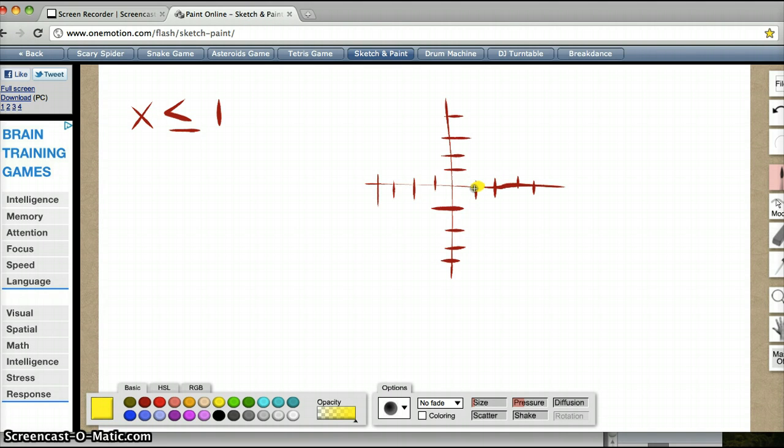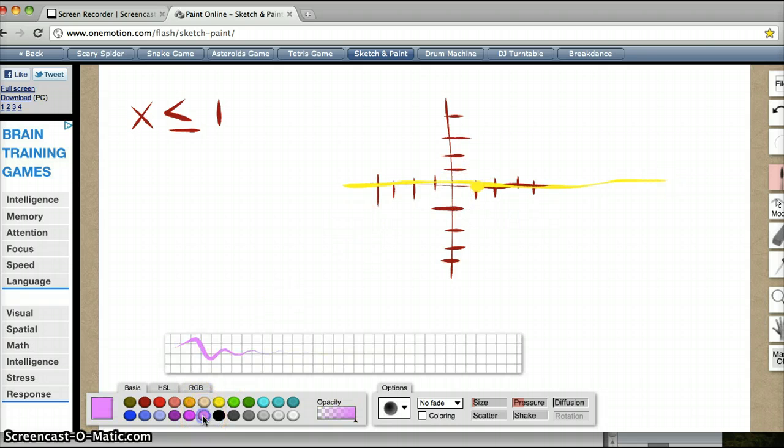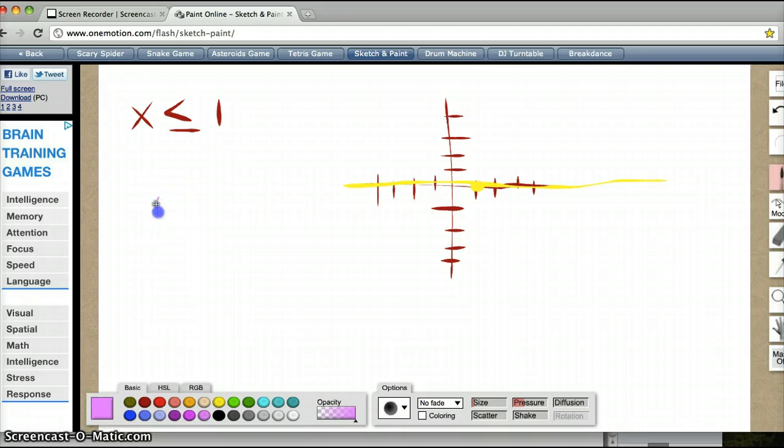Now, because we've got our equal to underneath, our line is going to be solid and it's going to go right through our point. Okay? Now we need to see, is this true or is it false? So again, we're going to use the point 0, 0. Since we don't have a y, we're not going to use the y, but let's plug in 0 for x. So 0 is less than or equal to 1, which is true.